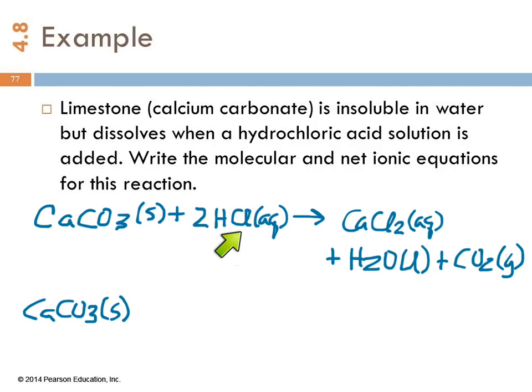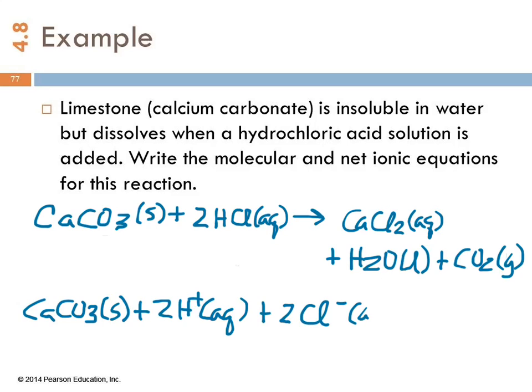Are we going to split this into ions? Yes, because it's a strong acid, right? It's one of the 6 strong acids. So then I'm going to write plus 2 H+, those are aqueous, and 2 Cl-, and those are aqueous.